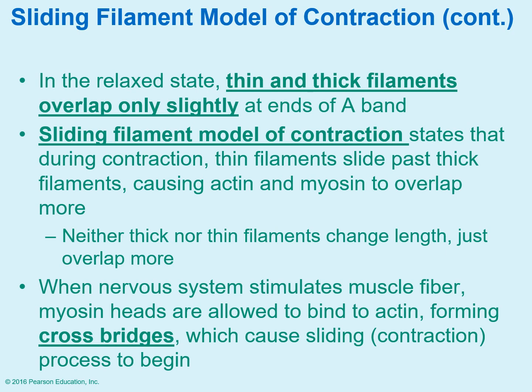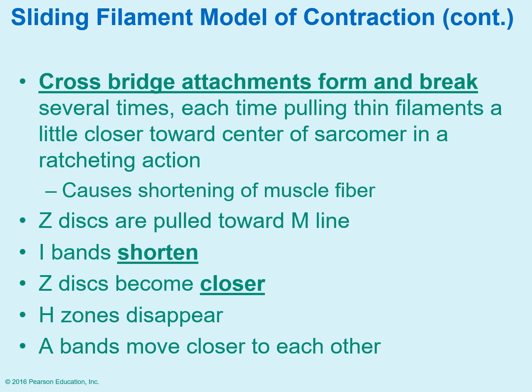So when the nervous system is going to stimulate the muscle fiber, the myosin heads are allowed now to bind to the actin, and they form a cross bridge. And that's going to start the contraction. When the cross bridge is attached, that myosin head is going to cock.